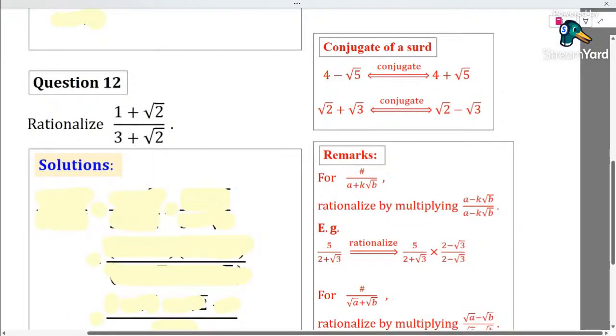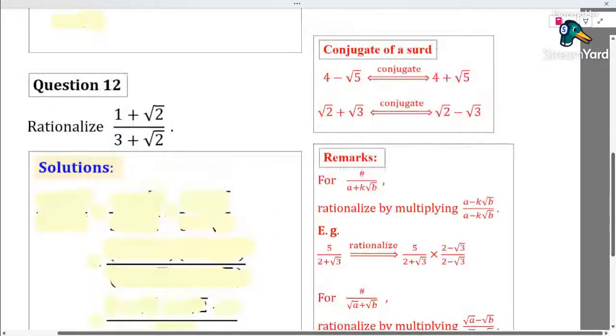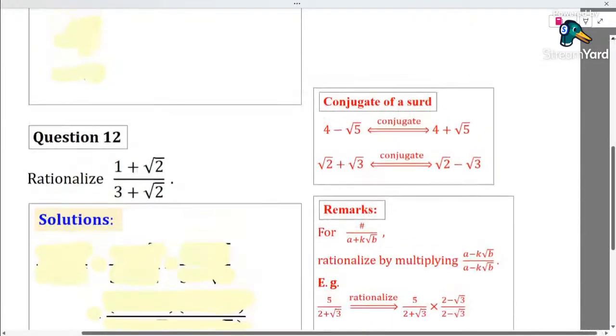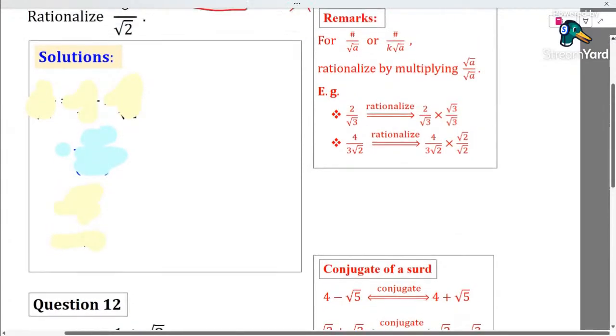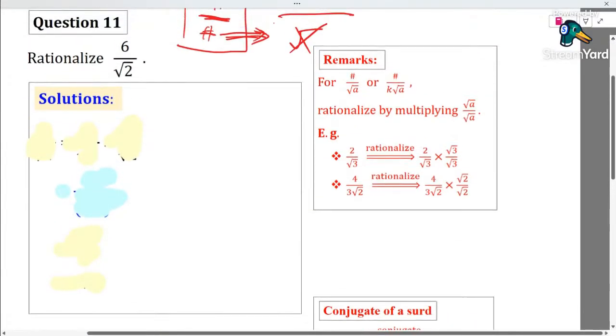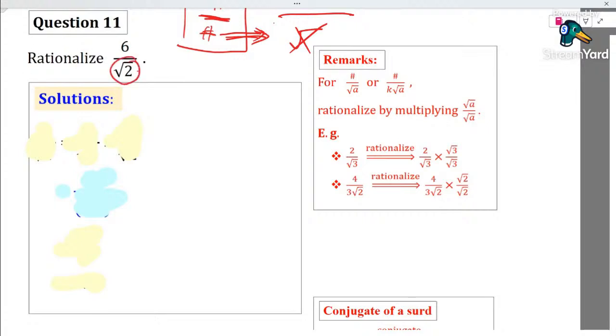So in rationalization, we have two types of basic situations that we're going to discuss in today's class. The first situation is the simple case where the denominator consists of only a square root term. It doesn't have plus or minus with other terms.